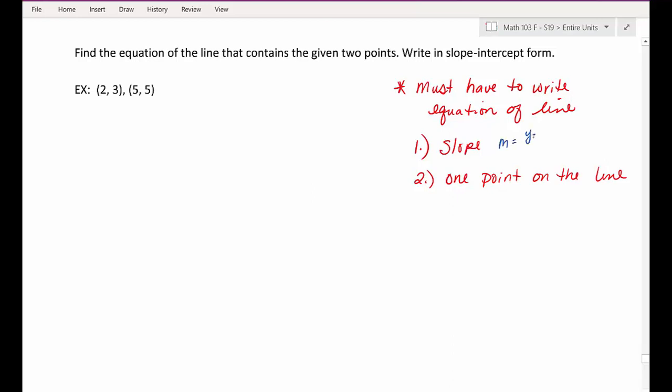We need the slope. But if we're given 2 points, we can find the slope by using our slope formula: m equals y2 minus y1 over x2 minus x1. We're going to have to do that first to have enough information to write the equation of our line.